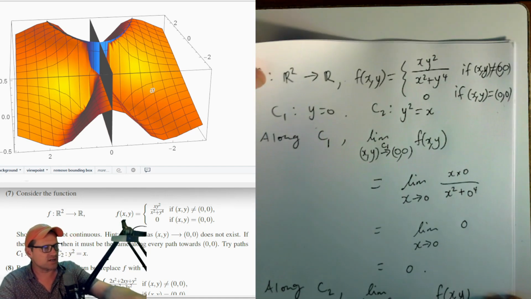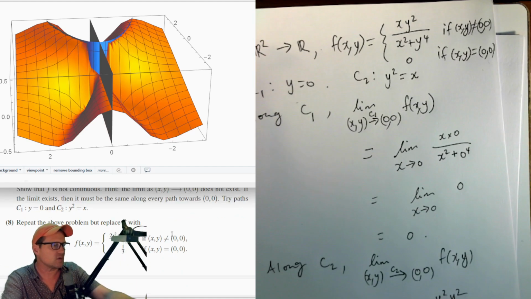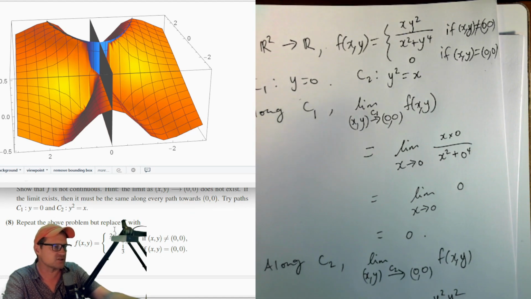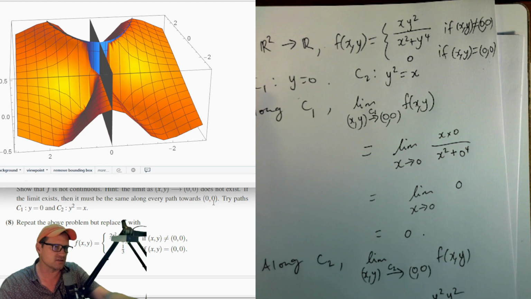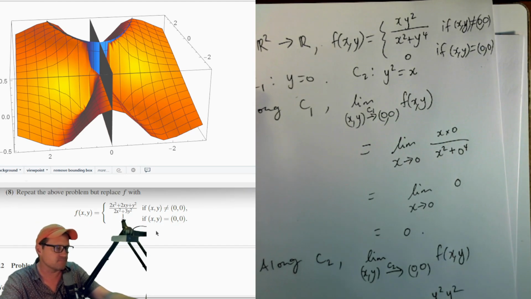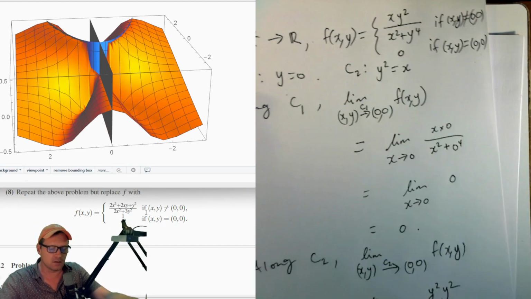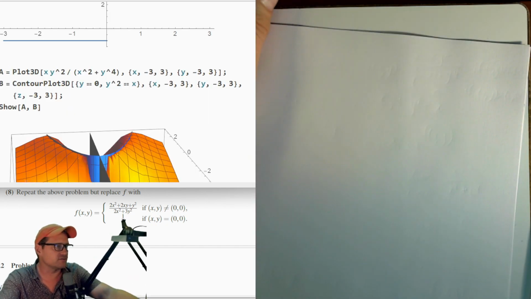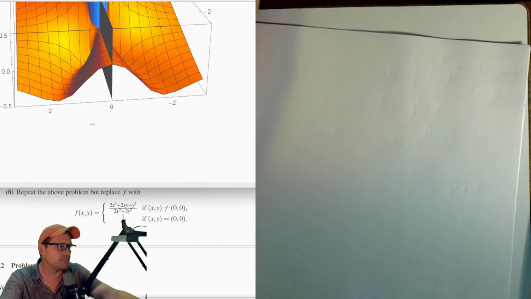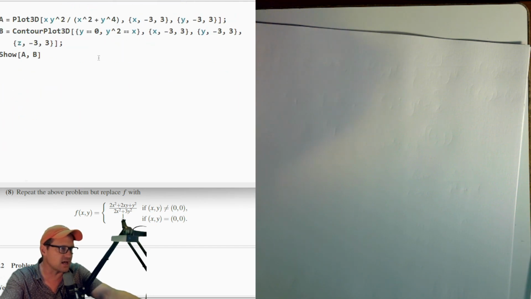Now let's move on to question 8, which is to repeat the same question, but this time replace f with this other function that we have right here. Let's begin with a plot of the function. I'll take all of this, copy it, and paste it down into another cell.